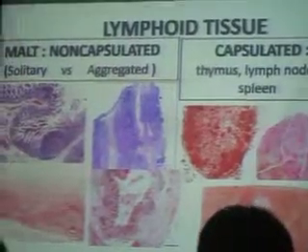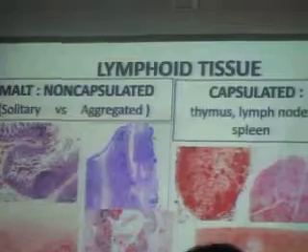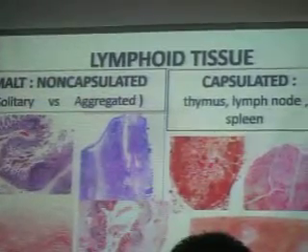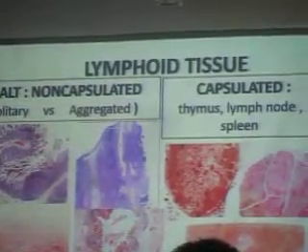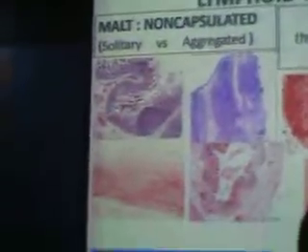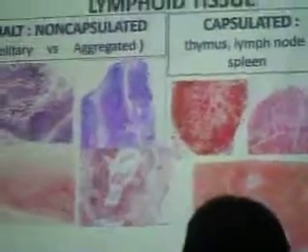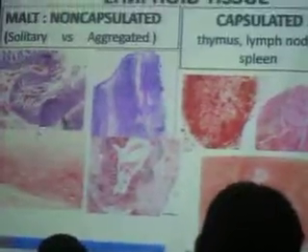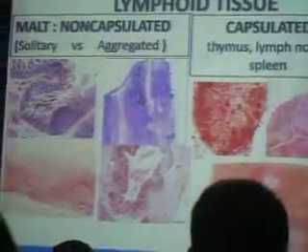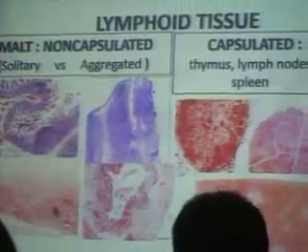So they could come as a capsulated organ or non-capsulated structure. You may have your lymphoid tissue as a group. You may have it as a single solitary lymphoid nodule, or as aggregated ones, as in your tonsils, Peyer's patches, and your appendix.